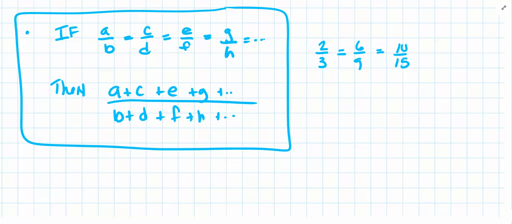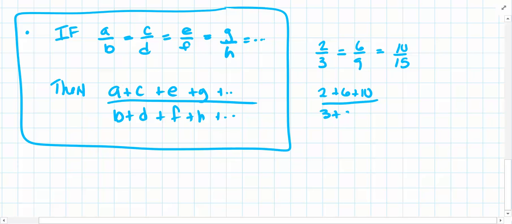If I take 2 plus 6 plus 10 all over 3 plus 9 plus 15, what do I get on the top? I get 18 over what? 27. Is that still in a 2 to 3 ratio? Yeah, it is. Still in the 2 to 3 ratio. So that's that property in action.